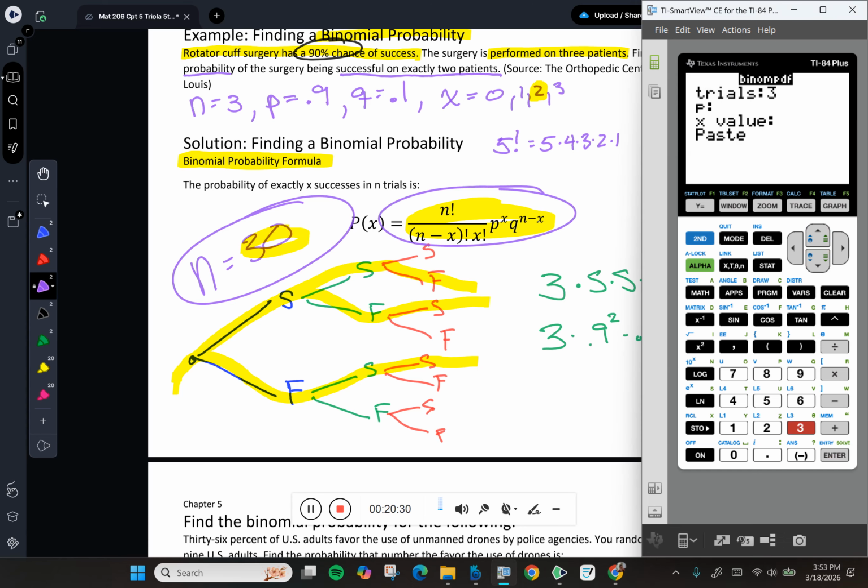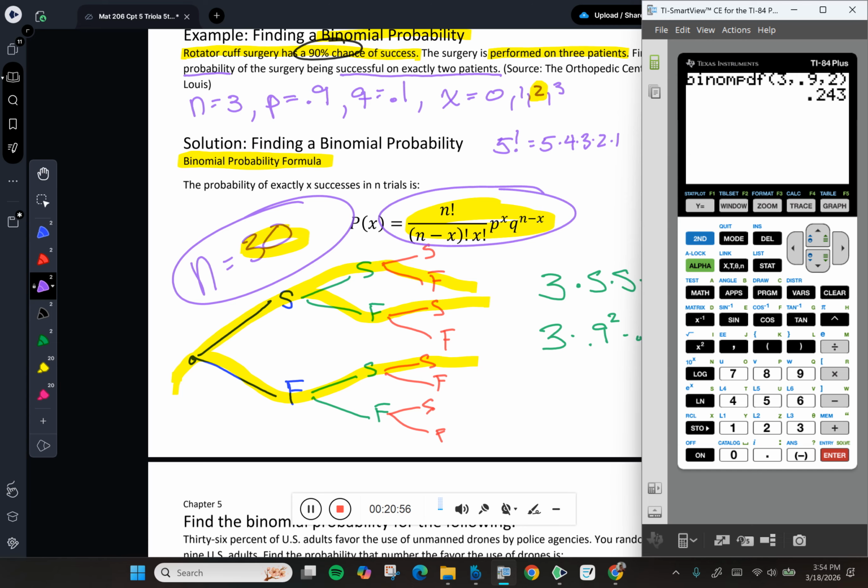Well, we did 3 trials. What's P? What's the probability of success? Well, that was 0.9. And what did we want to find the probability of? Well, we wanted to find the probability that our random variable was 2, or that we had 2 successes. And I'll paste this back in, and it pastes it back into the home screen, and then I'll press enter again, and it tells me 0.243.